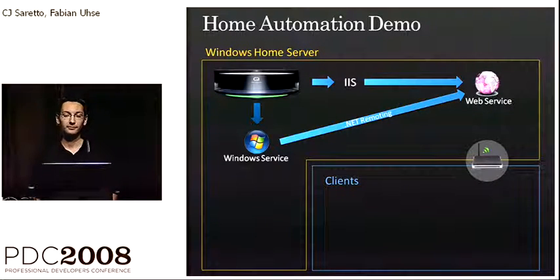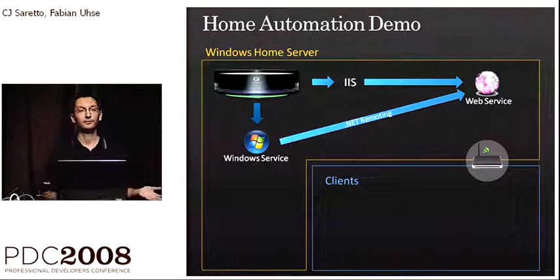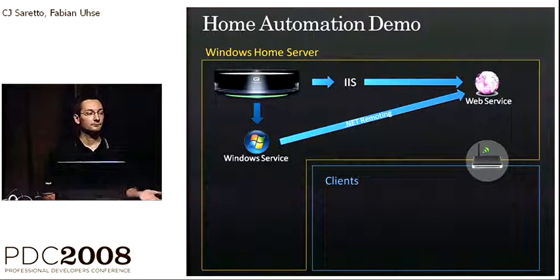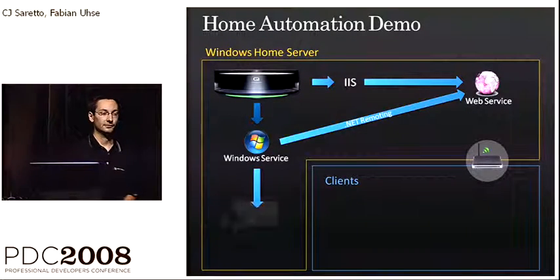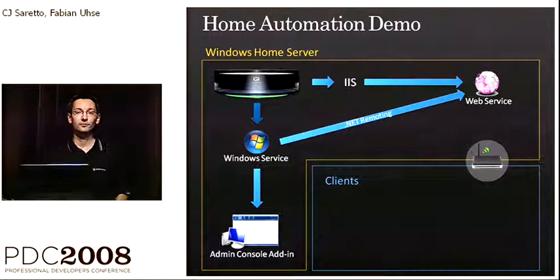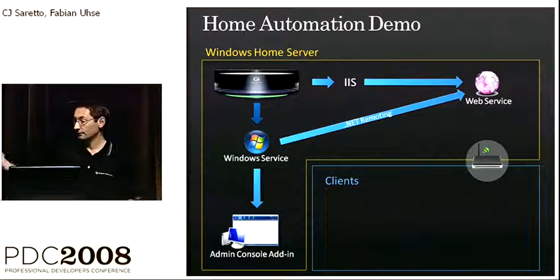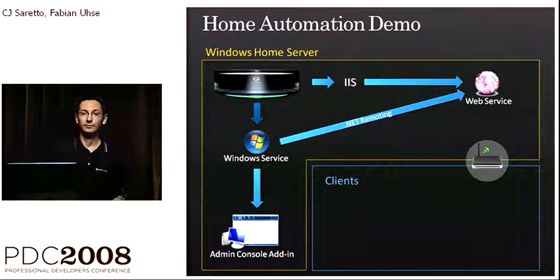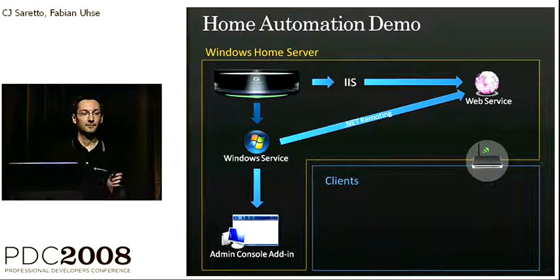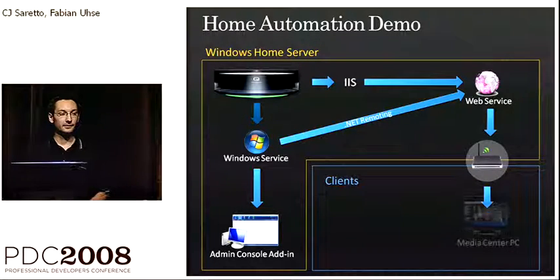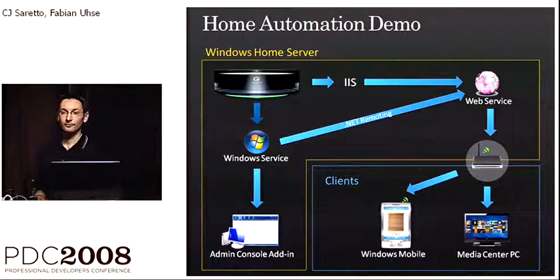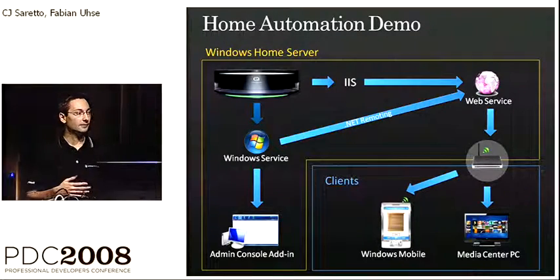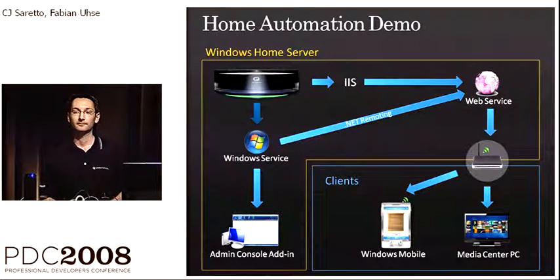Every application that runs directly on Windows Home Server can leverage the Windows service directly, for instance the Windows Home Server admin console. CJ is going to tell you a little more about the admin console in the next couple of minutes. All the devices you have seen are connected through the router to my home network and communicate with this web service.